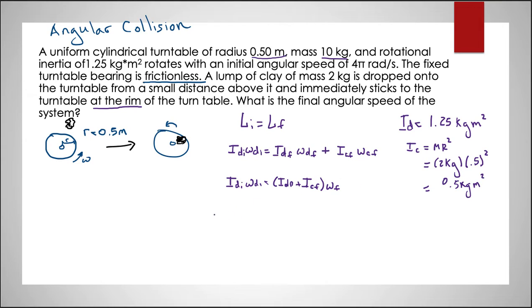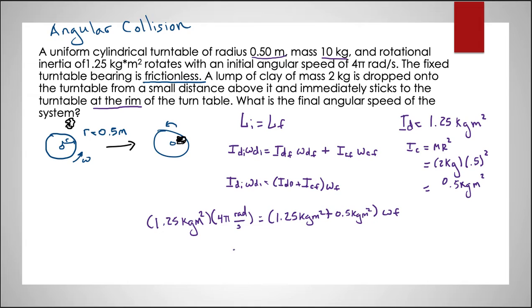So now we can substitute all this in. Give ourselves some space. 1.25 kilogram meter squared times our initial omega of 4 pi rads per second is going to be equal to, again, 1.25 kilogram meter squared plus the 0.5 kilogram meter squared times omega final.